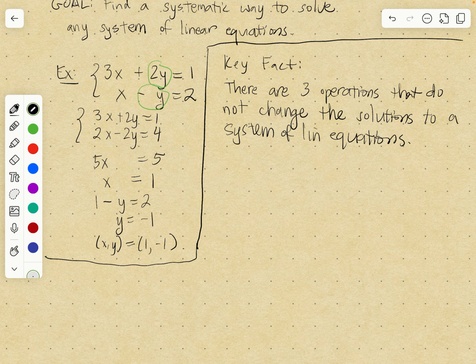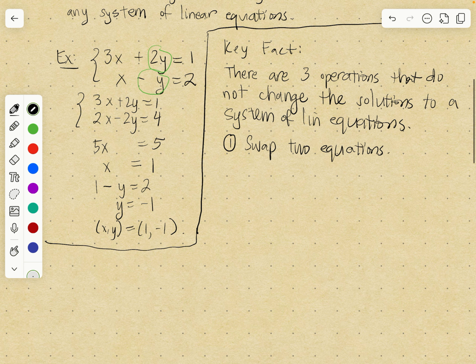And the key fact is that there are three operations that don't change the solutions to a system of equations. One of them is to swap two equations. In other words, if I had a system of equations, let's just use the one that we had, 3x plus 2y is 1, x minus y is 2.